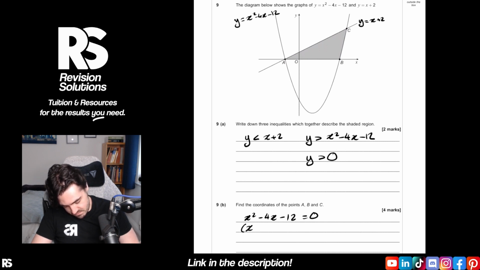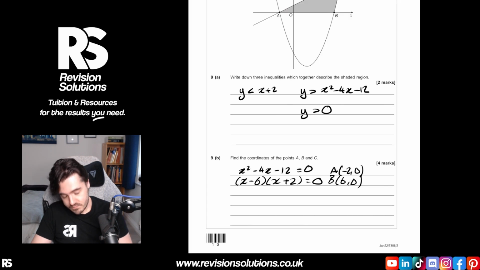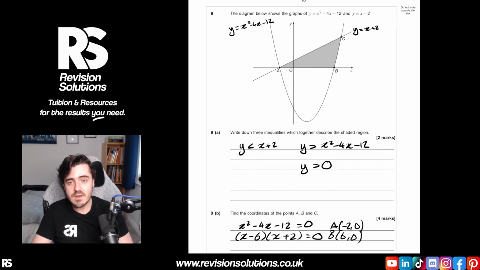So we'd have x minus 6 and x plus 2 equals 0. So that would give us solutions of 6 and minus 2. So that must mean A is minus 2, 0. And B must be 6, 0.